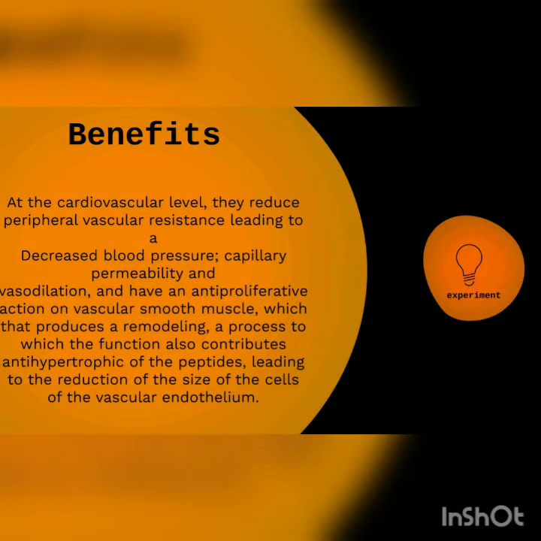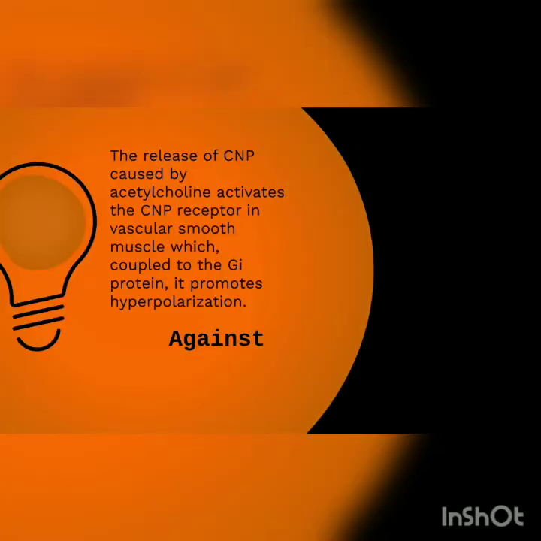The release of CNP caused by acetylcholine activates the CNP receptor in vascular smooth muscle. Coupled to the G protein, it promotes hyperpolarization.